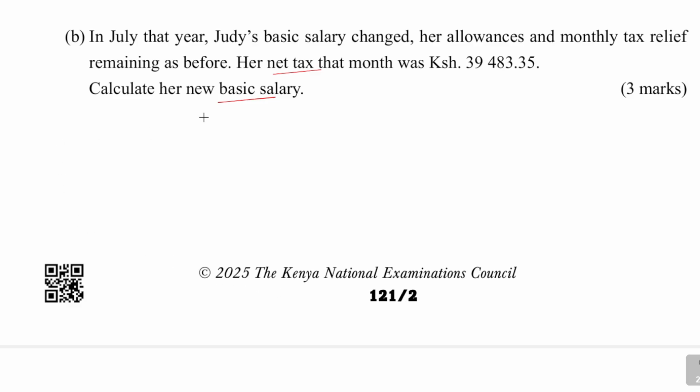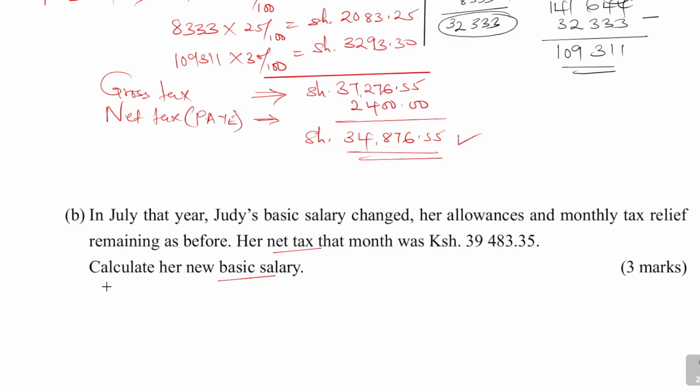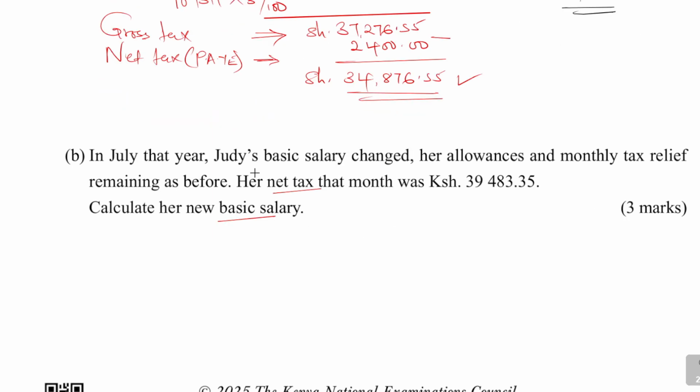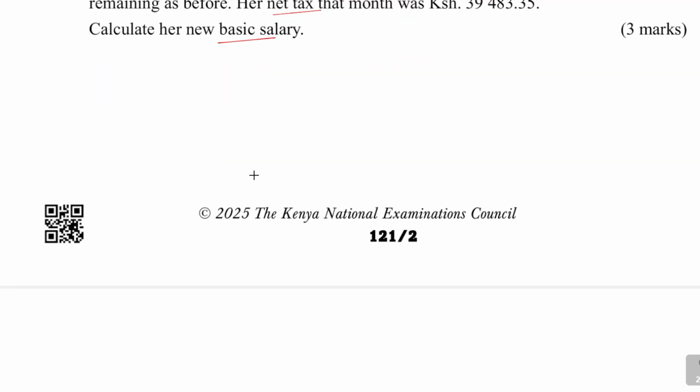So this is what you're going to do. Remember, how do you get net tax? You take the gross tax and then you less the relief. When you subtract the relief, you get the net tax. For this one, because we are moving backwards, given the net tax was 39,483 and 35 cents, we will start by getting the gross tax. We take the net tax and then add the relief since it had been subtracted.